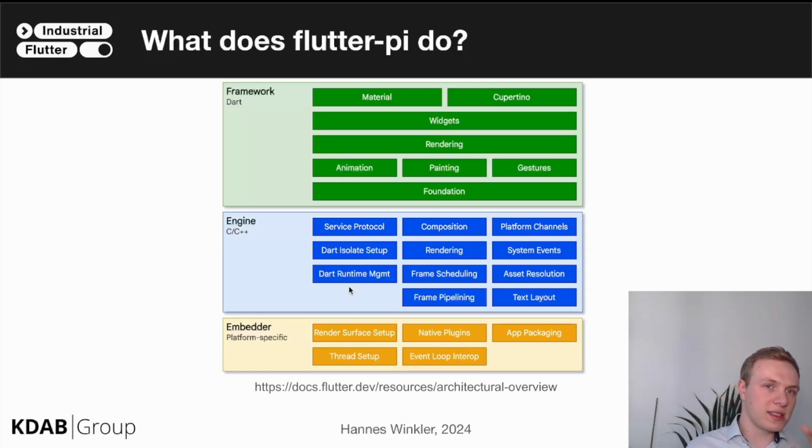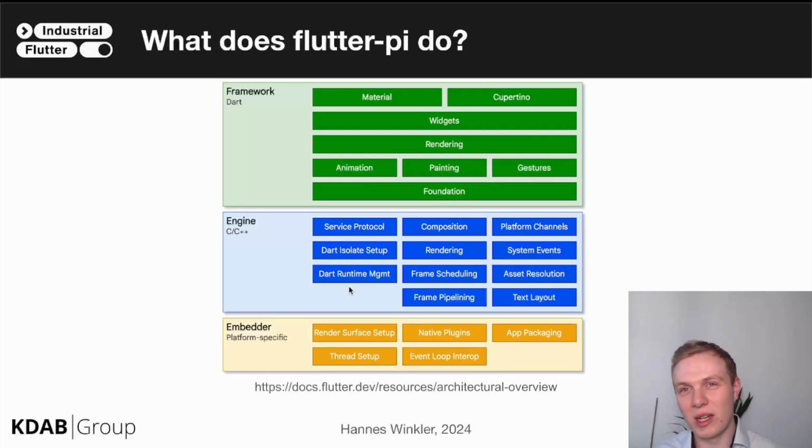It also provides the API for plugins, which is a bit problematic because that means that this plugin API is embedder specific, most of the time, because the plugin APIs provided by the embedders don't necessarily need to be compatible with one another. So you have to write the native plugin code multiple times, and I think everyone that's developed a Flutter plugin in the past knows what I'm talking about.